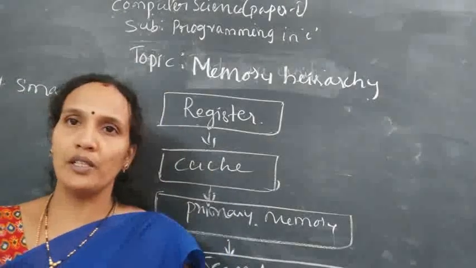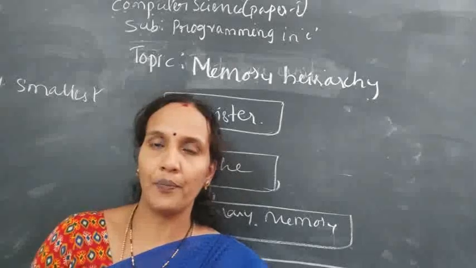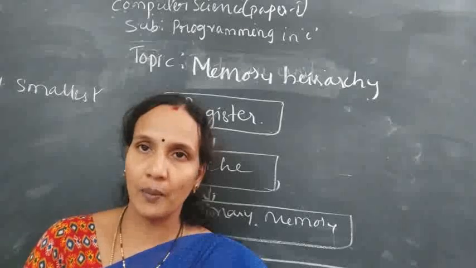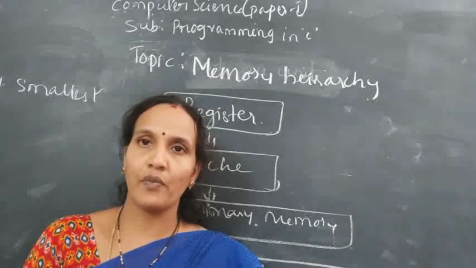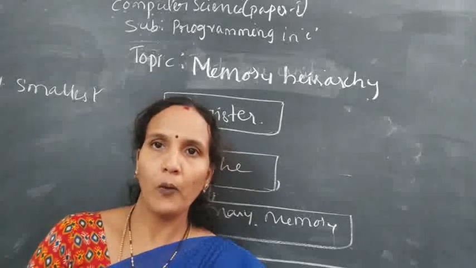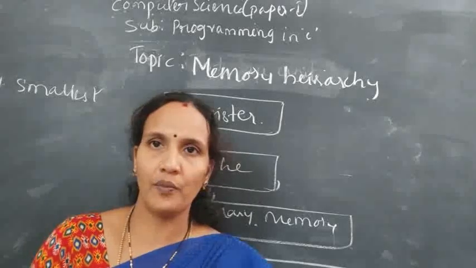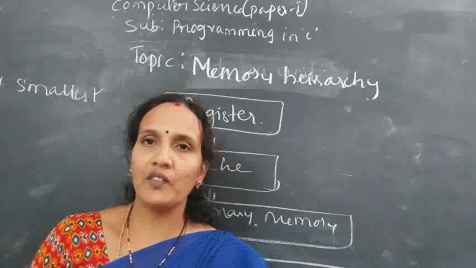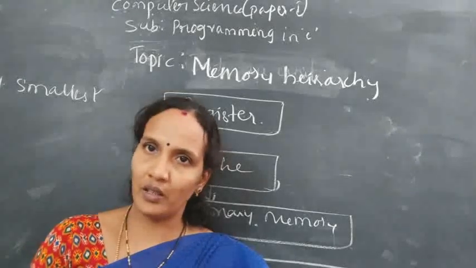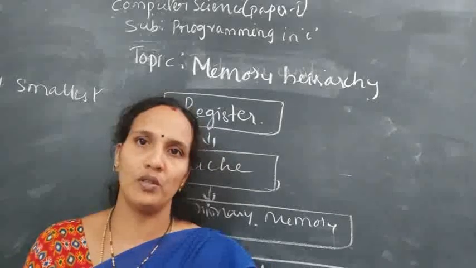What it will store is the instructions and the data which are currently needed by the system, which the CPU is going to ask for currently. That information is stored inside the registers. Okay, for example, I want some information. And that information is there in the college and it is there at my home also.